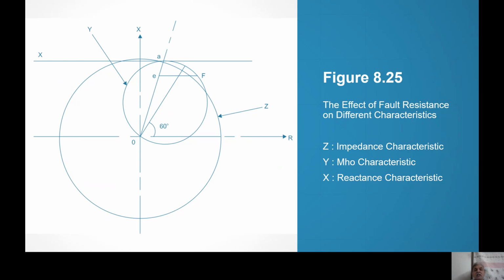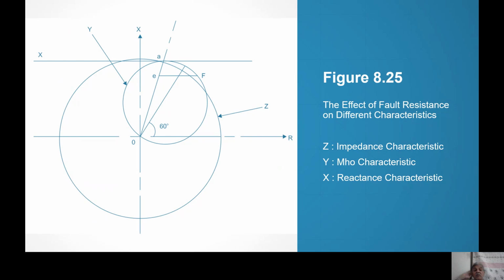No doubt, if you want to increase the fault resistance that it covers, you have to decrease the angle from 60 degree to 45 degree to 30 degree, etc. But if you do so, it is going to suffer from the problem of overload and power swing, which we are going to see further.